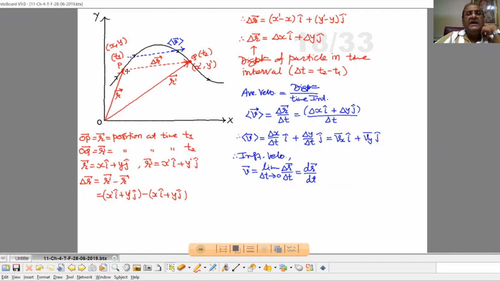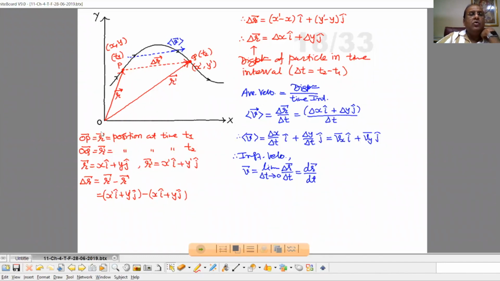Then at some time t2, that particle is at point Q. The position vector of the particle at time t2 is r dash. Suppose the coordinates of point P are x and y, and the coordinates of point Q are x dash and y dash.